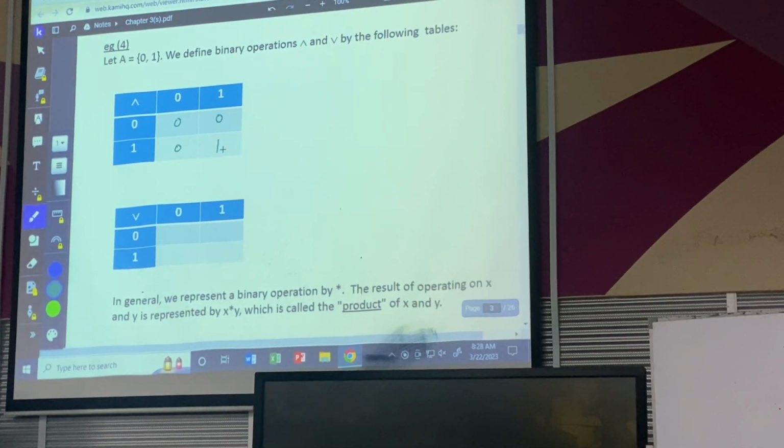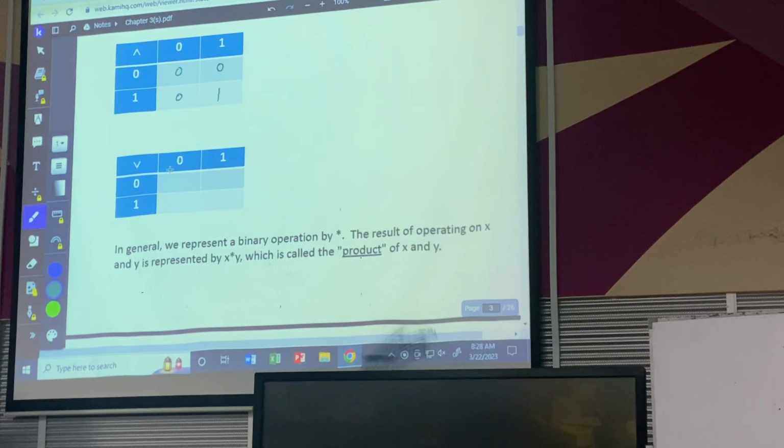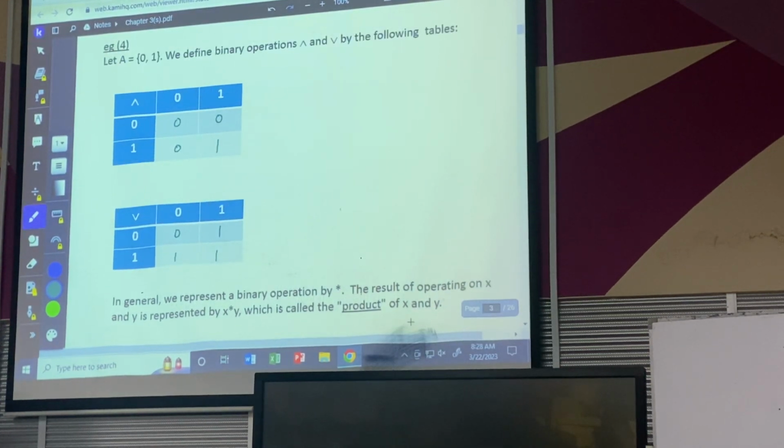Okay. 1 or 0 is 1, 0 or 0 is 0, 1 or 1 is 1. Okay. So these are AND and OR, the binary operators. And of course, we get the answer also belonging to the set A, right? So this is a valid binary operation on the set A.